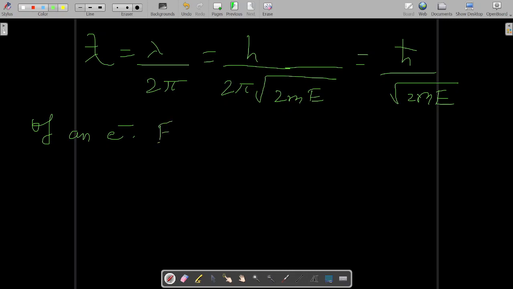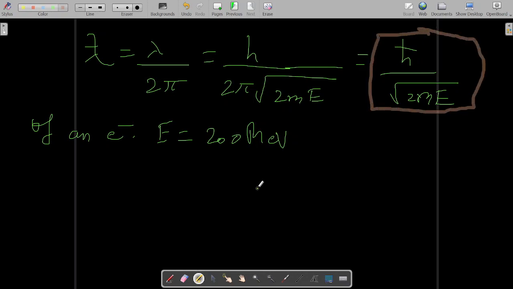Now we take E in the experiment to be equal to 200 mega electron volt. When we put the value of E equal to 200 MeV in this equation, we get the lambda cut value equal to 10 to the power minus 15 meter.